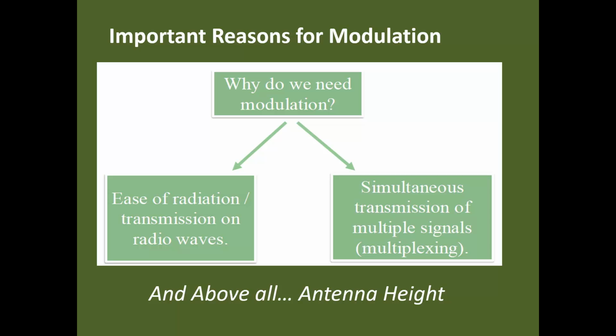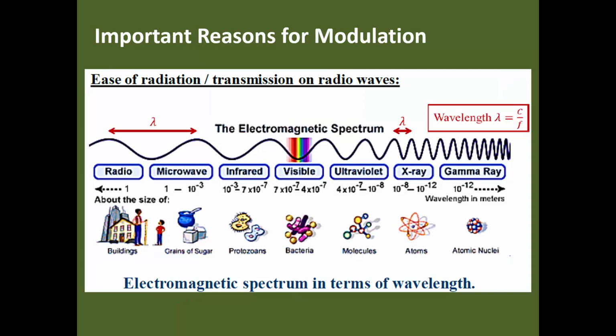But if we translate or modulate the message signal onto higher frequency carrier waves, the antenna height requirements come to practical limits, right? In terms of wavelengths, these are the wavelengths of the different ranges of the electromagnetic spectrum. All right, and the wavelength is given by c by f.